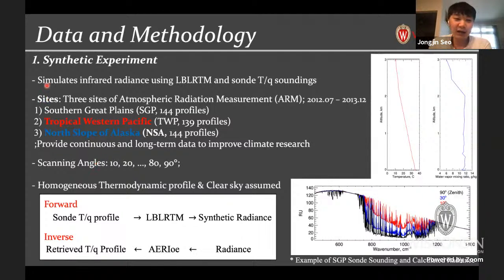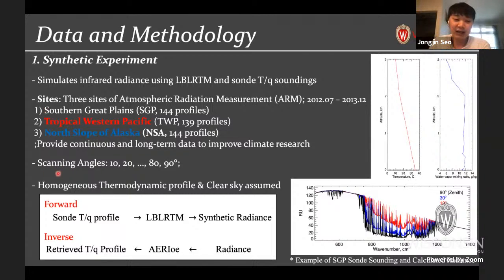And we have sonde soundings at 3 different sites of ARM: Southern Great Plains, SGP, Tropical Western Pacific, TWP, and North Slope of Alaska, NSA. And these 3 fixed ARM sites provide continuous and long-term data to improve climate research.